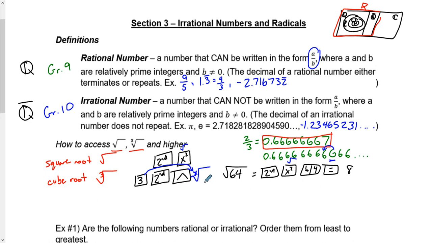So if you were wanting to find out the cube root of 64, you would have to type in the number 3 first, then go second to access this x root.